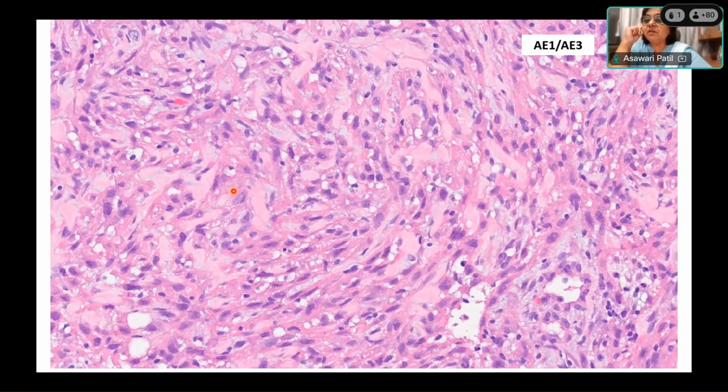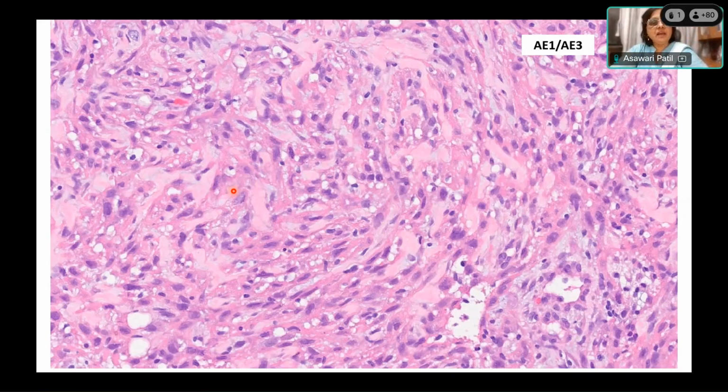It's quite possible, although it's very, very rare. If it's not showing any epithelial differentiation at all, then it should behave like a sarcoma. So if you don't see any epithelial cells at all on extensive sampling, if you don't see DCIS, it could be primary sarcoma of breast.